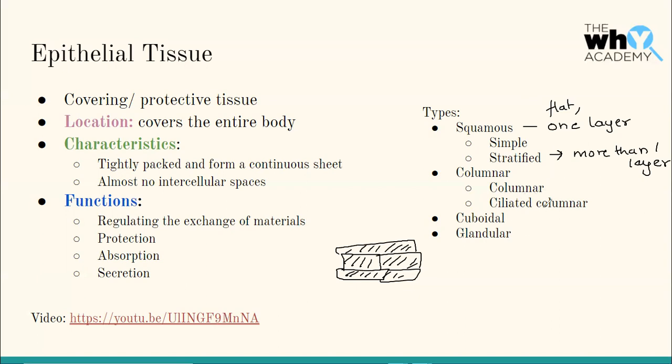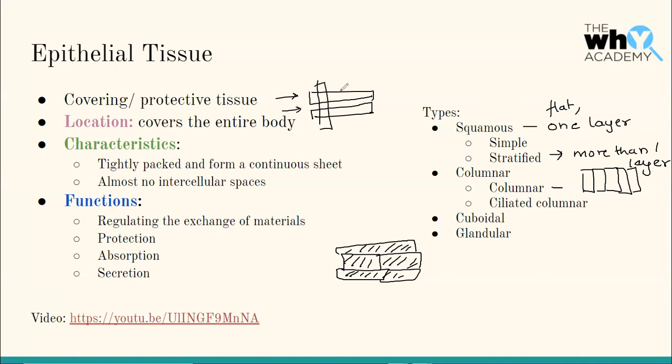Yeah, columnar is easy to understand. Columnar is basically something which is in columns, right? You have rows and columns, don't you? The rows are the horizontal things. I suppose you stand in rows for your assembly or for some PT games, or the benches in your class are arranged in rows, right?